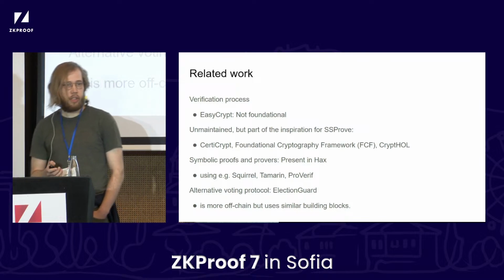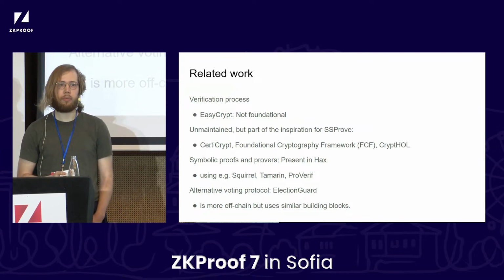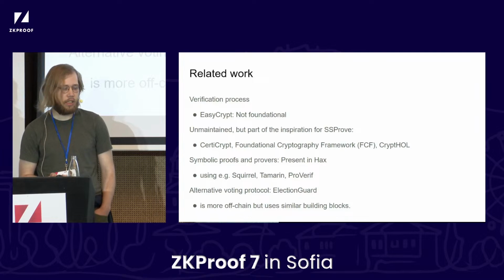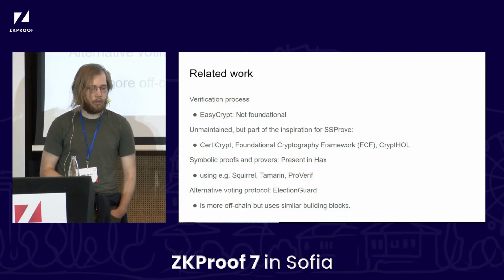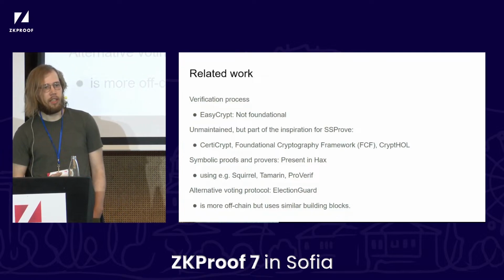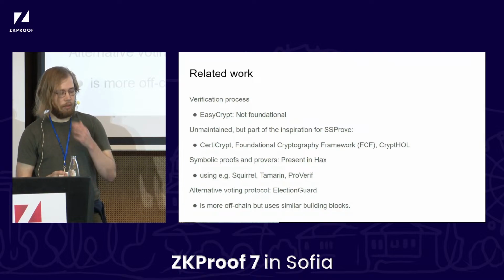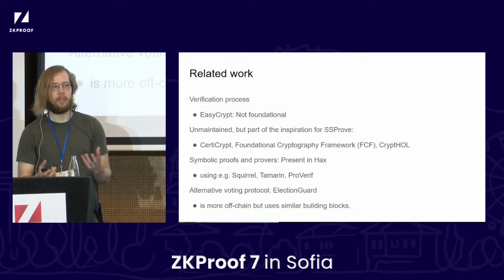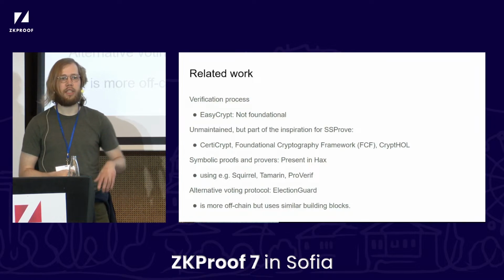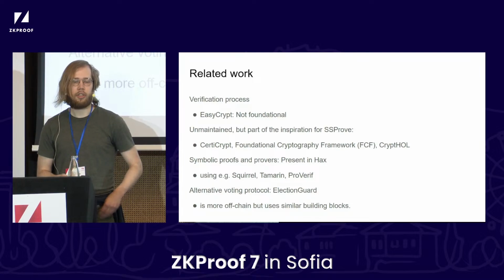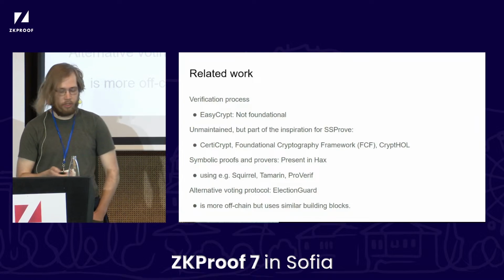And as I mentioned earlier, an alternative voting protocol, which might be more realistic, is the ElectionGuard protocol. But for that, there's a bit more off-chain parts, but a lot of the other building blocks are the same. So you'd have to do a bit more reasoning, but the general structure would be the same as what we've done for the OVN protocol.